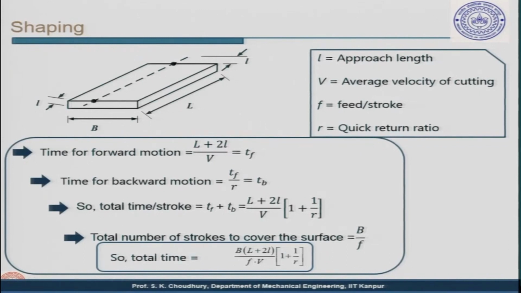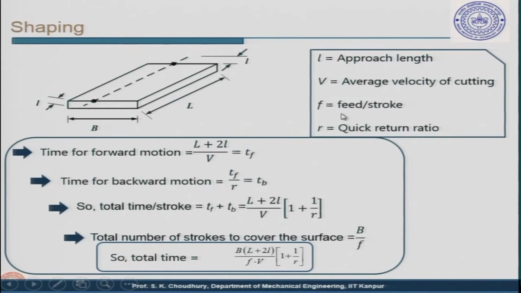So, the total time will be B into (L plus 2l) divided by V, times F into 1 plus 1 by R. This is the total time taken to cover the entire surface and make the entire flat.